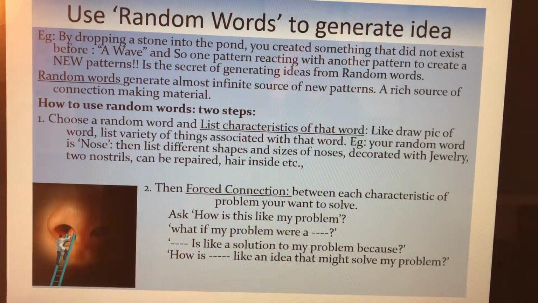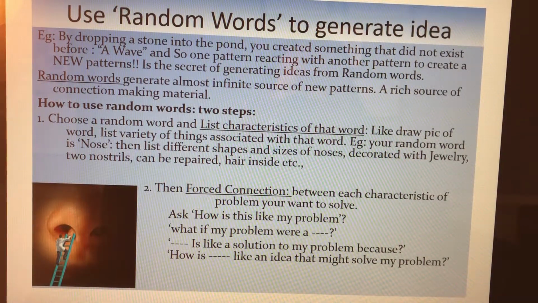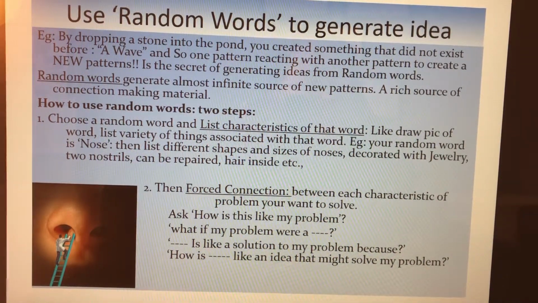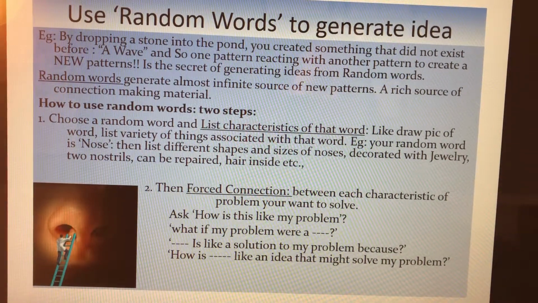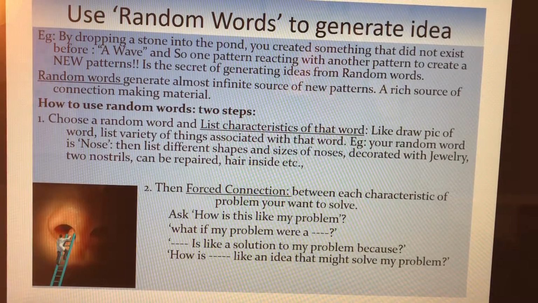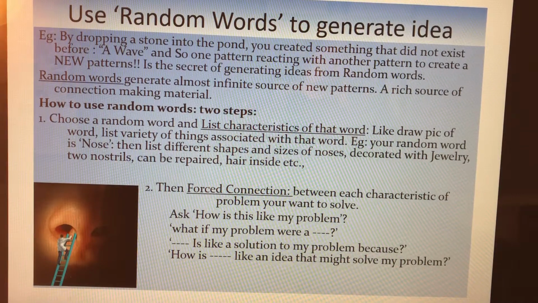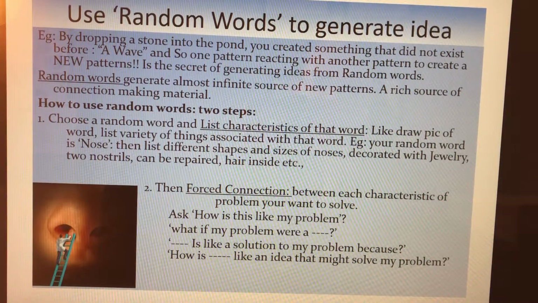By throwing a stone in the pond, you created something that did not exist. You know what? A wave. Where was the wave before you threw the stone? It did not exist. You created it. So one pattern reacting with another pattern to create a new pattern is the secret of generating ideas from random words. Random words generate an almost infinite source of new patterns, a rich source of connection-making material.